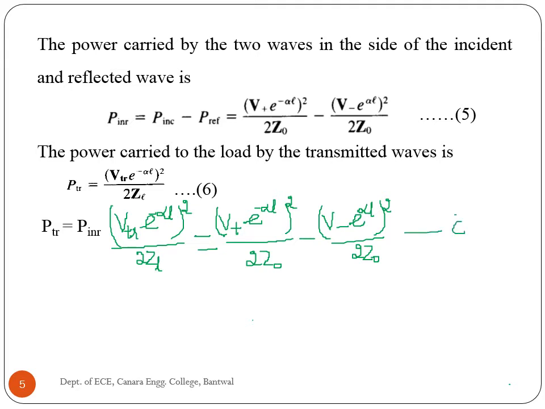Equation number C. Divide equation number C by V plus e to the power minus alpha L whole square.